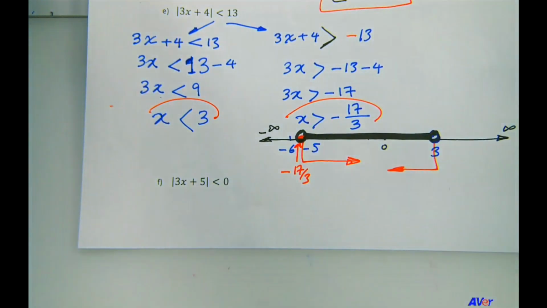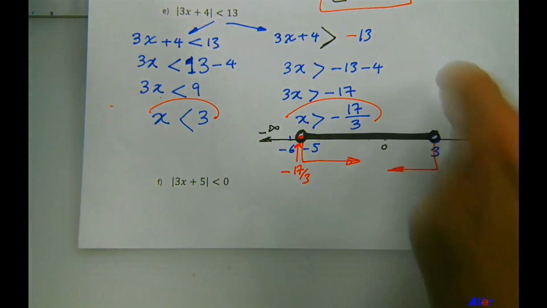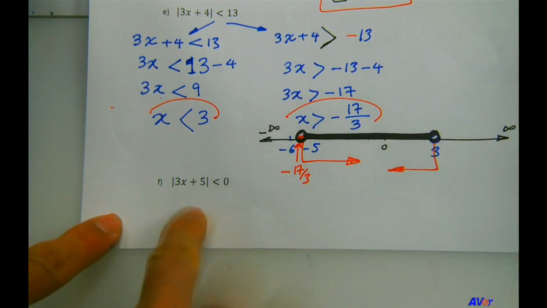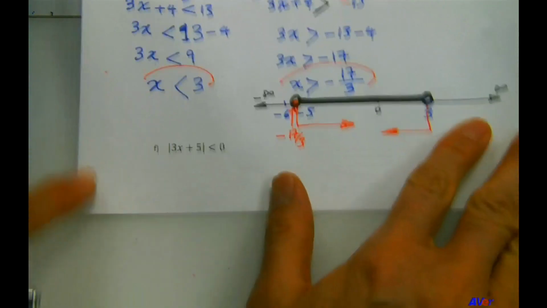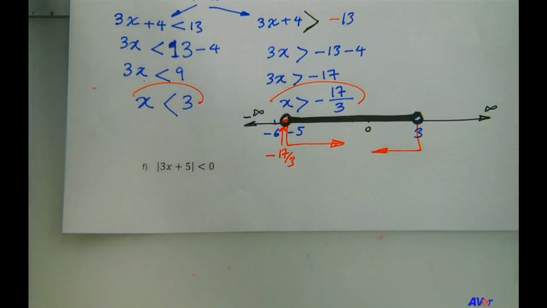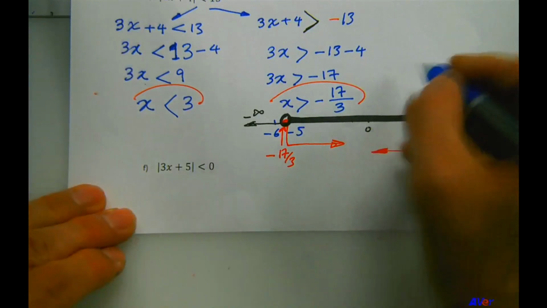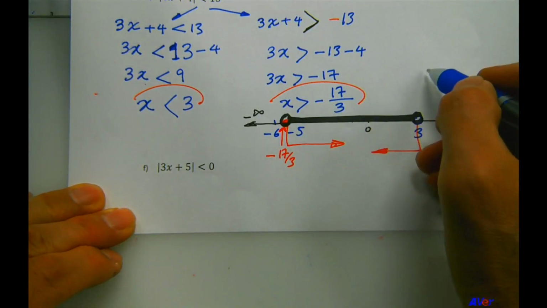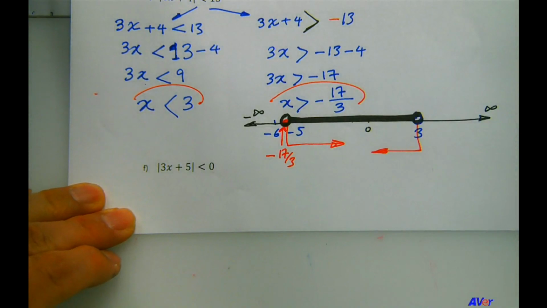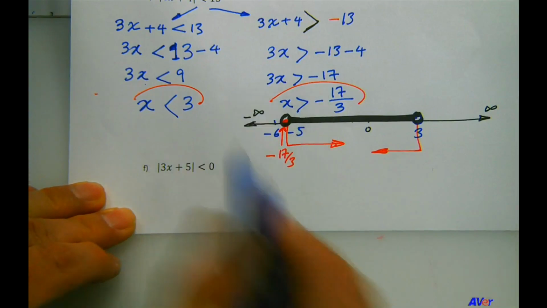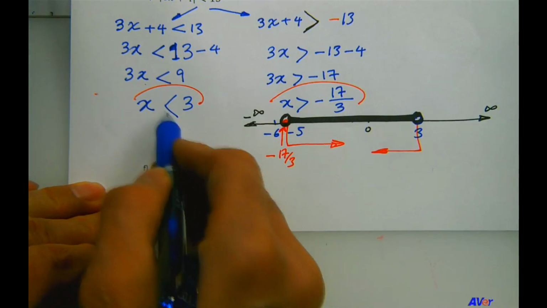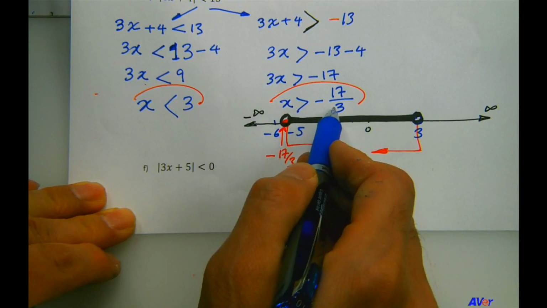Now let's write down the solution using the interval notation, and I'm going to do it here because I'm running out of space. This one is at the bottom here. Okay, so the interval notation for this would be brackets or parentheses. Which one? If you said parentheses, you're 100% correct. It should be parentheses because x cannot be equal to 3 or negative 17 over 3, right?